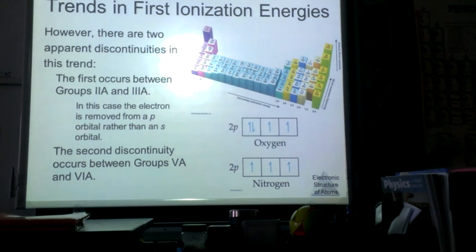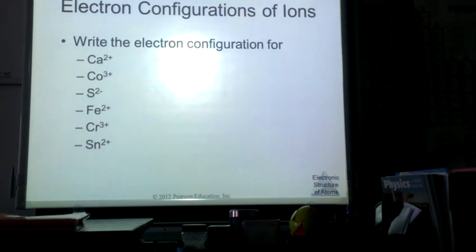And that's because for nitrogen, there's a sense of stability in knowing that each of my sublevels has an electron present, versus oxygen, where I have more electron repulsion because of that extra electron in one of those orbitals, versus nitrogen, which is nice and stable with 1 in each. So this electron repulsion means I don't need as much energy, because oxygen inherently would prefer to get rid of that, okay? So that's just the discontinuity that we can see there.